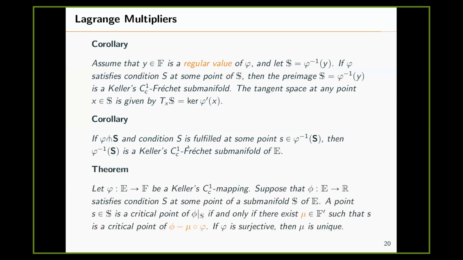And we will use this result to prove the Lagrange multiplier theorem. The setting is that we have a functional and we have a submanifold, and we are looking for the critical points of the restriction of F to the submanifold.